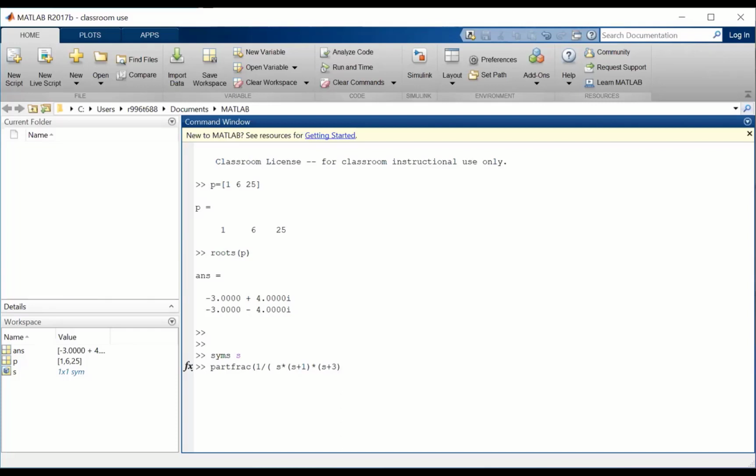I'm looking at two different things here. 1 over s times s plus 2 times s plus 3. Is that what I got? No. And then I got to close my parentheses on the 1 over thing. And then I got to close it on the partial fraction expansion function. Yeah, so it's 1 over the quantity s times s plus 2 times s plus 3. And it'll tell me if I botched it up. And there's the partial fraction expansion.